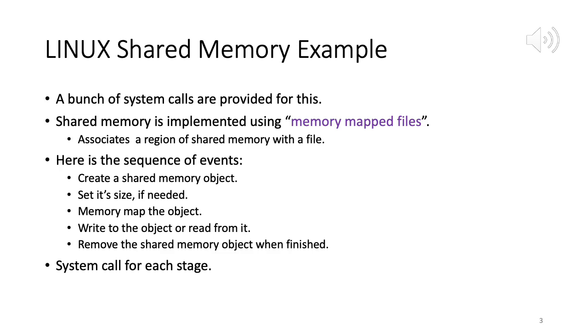Shared memory is implemented using memory mapped files, which associates a region of shared memory with a file. In Linux, the concept of file is very generic. This file does not just mean a Word file or PowerPoint file.